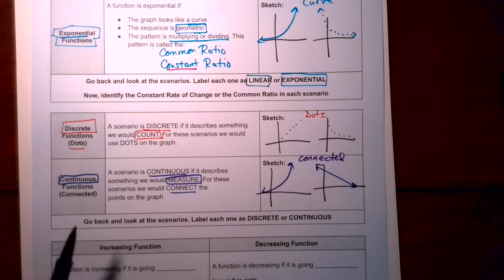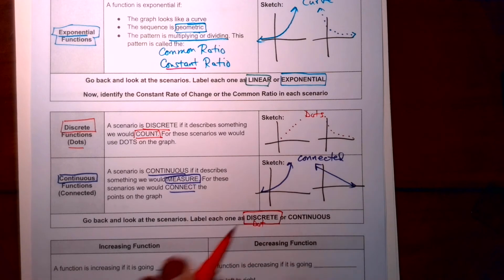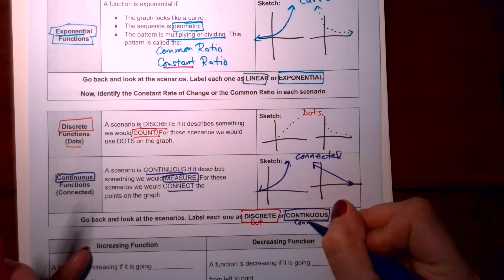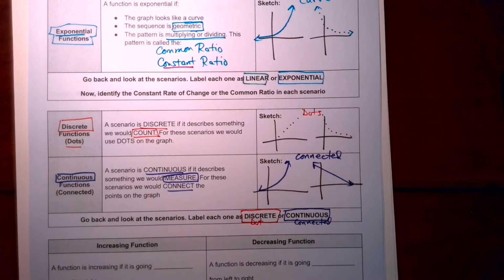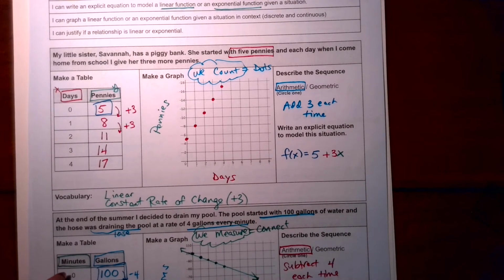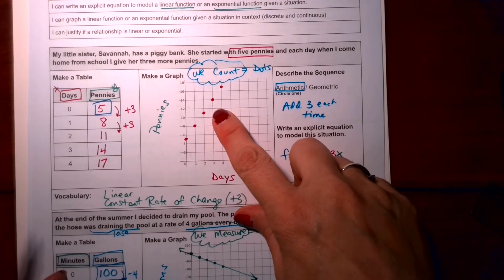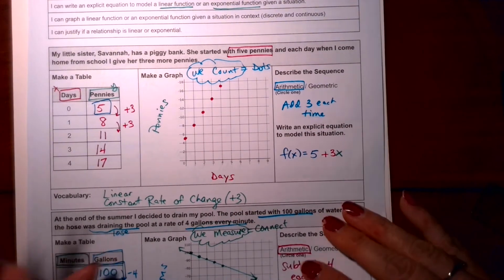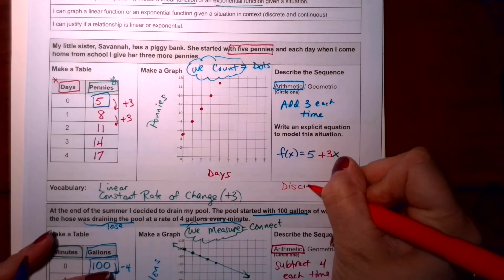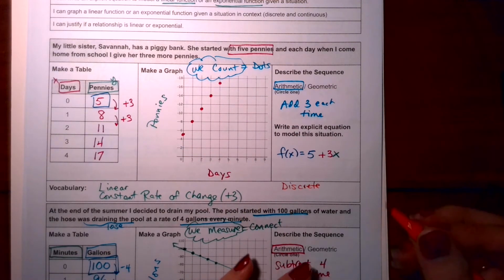Let's go back and label them either as discrete, which means that you see dots, or as continuous, which means connected. Let's go see. Example 1. Was this one here discrete or continuous? Definitely discrete. What color did I say I was going to use? Red. This one is discrete. I know that because I see dots, and it is something that we count.